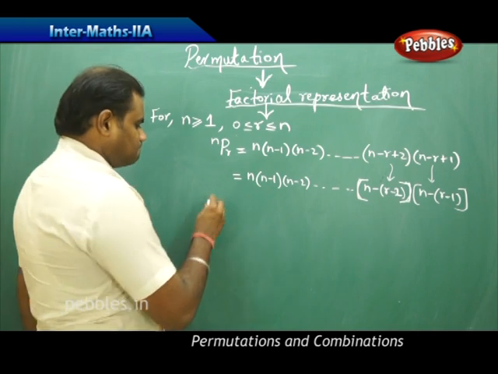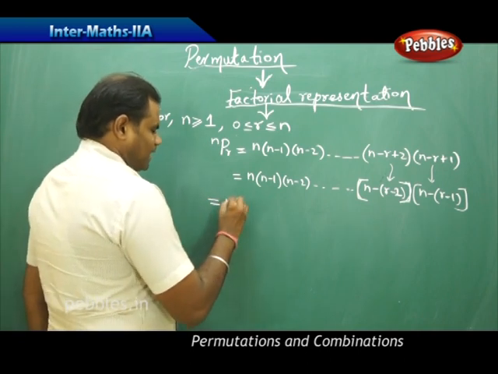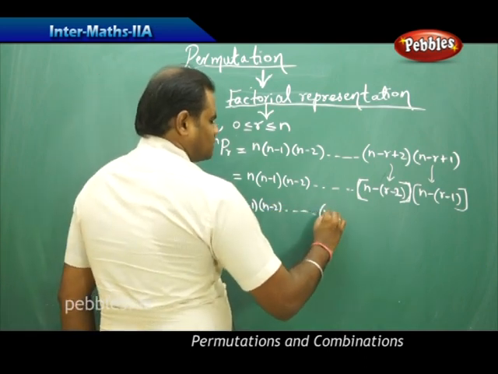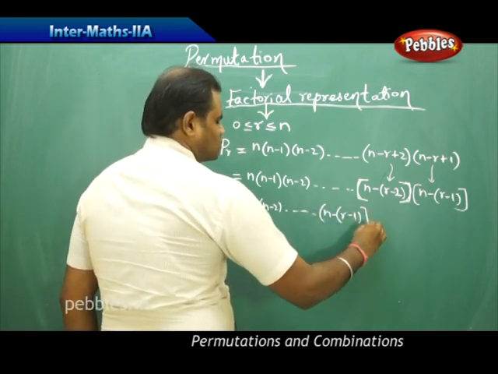Now, as we see here, I have n times n minus 1, n minus 2, and the last term is n minus r plus 1.